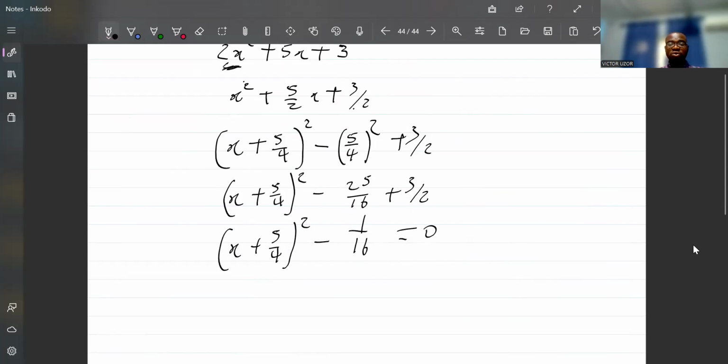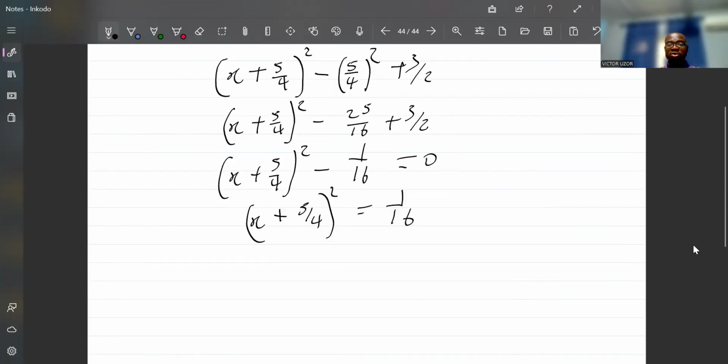Once you have gotten the vertex form, equate it to 0. If I equate this to 0, I will have (x plus 5 over 4) squared equals 1 over 16, because I take the constant to the other side. So if I take the square root of both sides, I will have x plus 5 over 4 equals plus or minus the square root of 1 over 16.